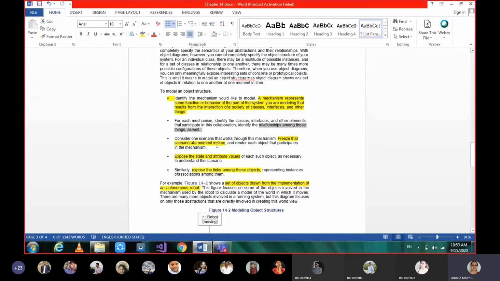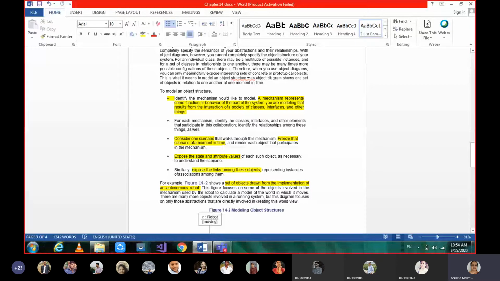Once you identify one scenario, that has to be frozen. Freezing means fixing on some scenario, and based on that scenario, at that point of time, what exactly that object is doing, and render each object that participates in that mechanism in that scenario.